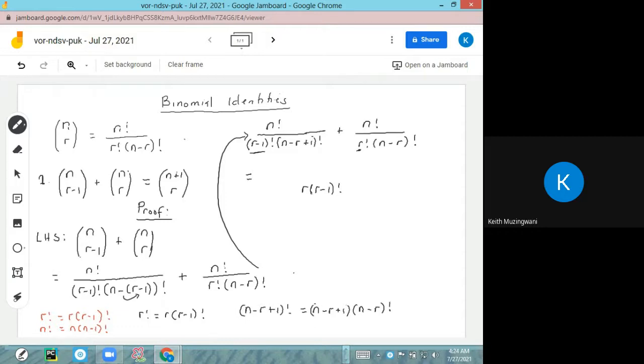Since when you subtract a 1 from n minus r plus 1, you remain with n minus r factorial, meaning that between this and this one, we would pick n minus r plus 1 and write it in this form, and then open up there.